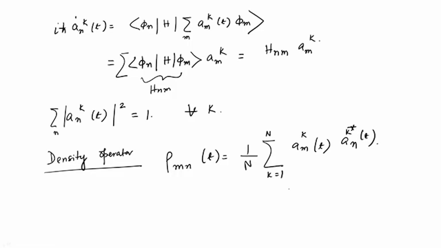So, this is called a density matrix, which is the product of these coefficients, a mk and a nk and so on. So, this is a sum over k. And so, clearly this matrix element is really the classical or the ensemble average.